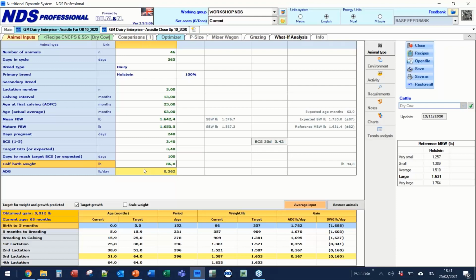So in this case, we are at third lactation. So we still have some growth in order to reach maturity, and during the far off, we consider this additional requirement.